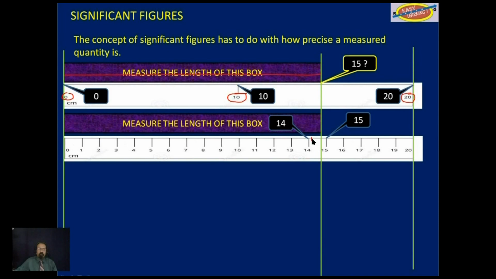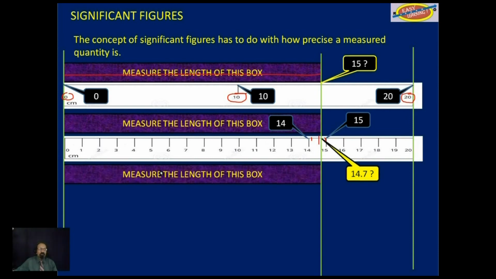You cannot say 14.4 because remember you are past halfway between 14 and 15. So you could say 14.6, you could say 14.7. You may be hard pressed to say 14.8 because that would be closer to the 15. You certainly would not say 14.9 because that is almost 15. So let us say 14.7. That is a very good estimate based on the ruler you have to measure.